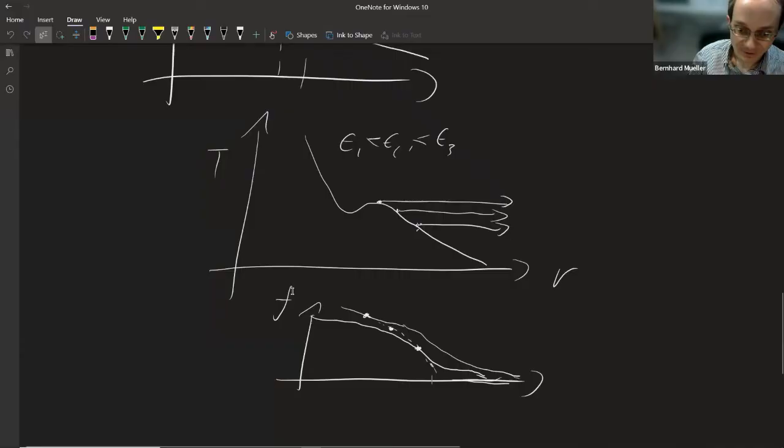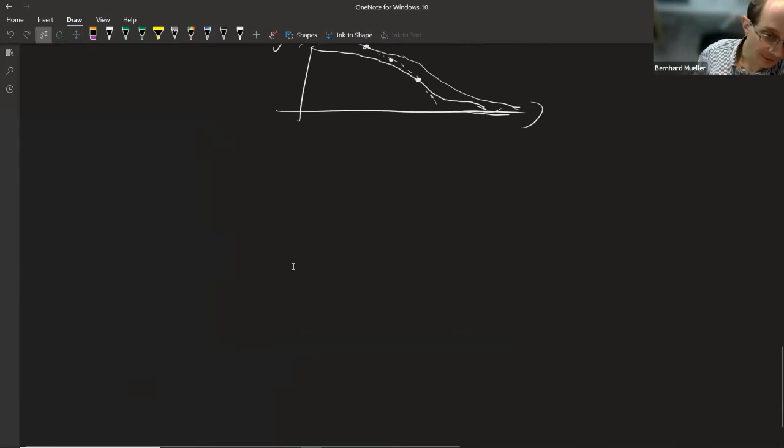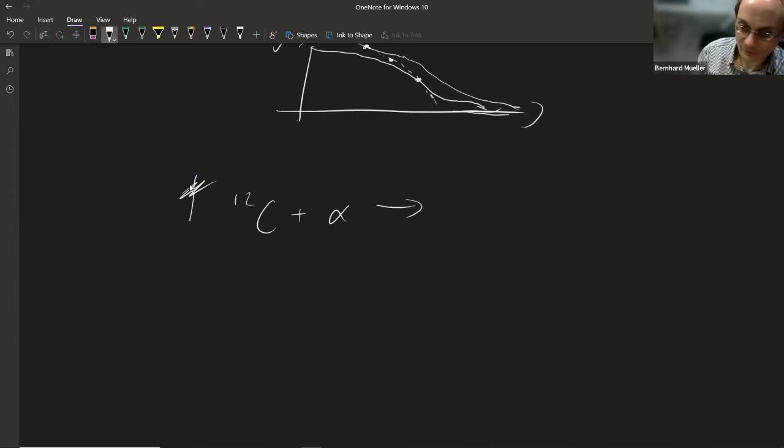So in longhand, you're used to writing nuclear reactions as something like this, right? So let's say C12 plus alpha goes to oxygen-16 plus gamma. Now, in nuclear astrophysics we don't want to write arrows all the time. So we use a shorthand notation where we have the heavy particles, the nuclei, outside brackets.